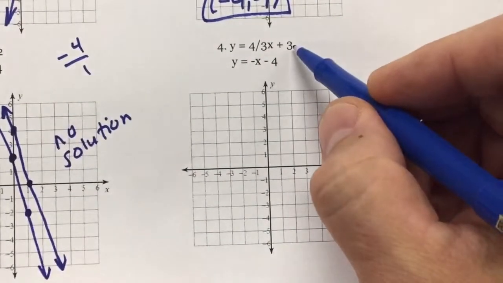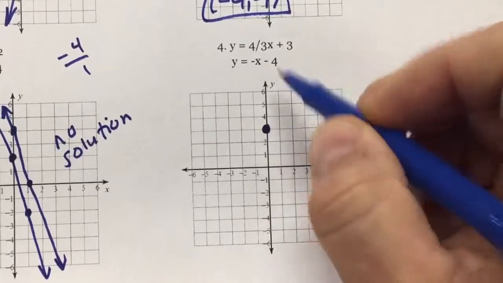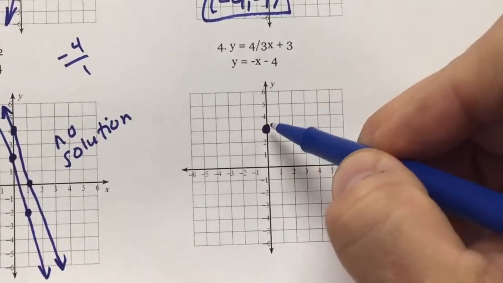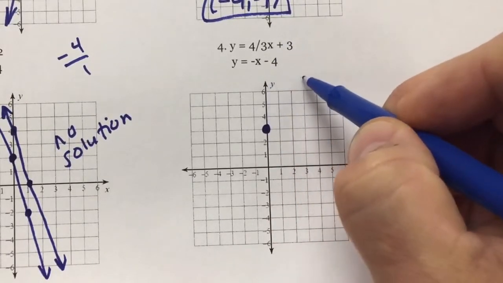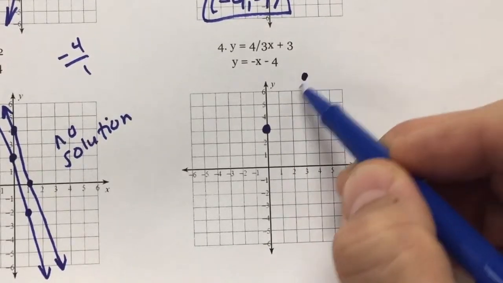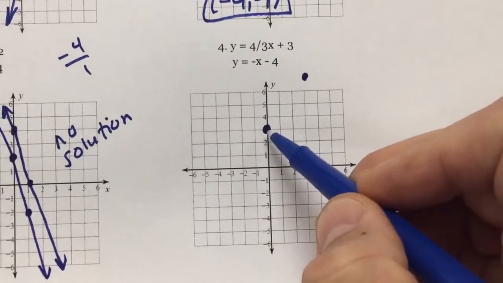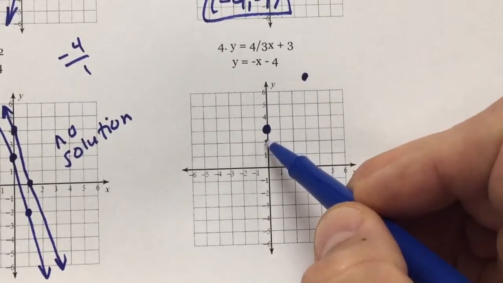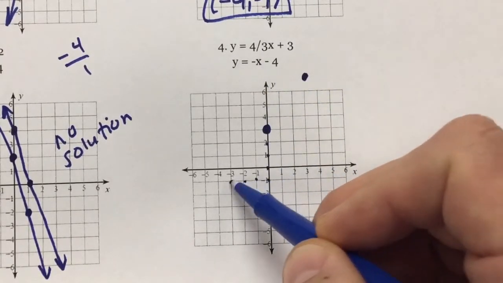Fourth example, we'd start at 3 in the first equation. The slope is 4/3, so I would go up 4 over 3. Now, that one went off the graph, so my suggestion is keep this pattern going in the other direction. So instead of up 4 over 3, I go down 4, back 3.